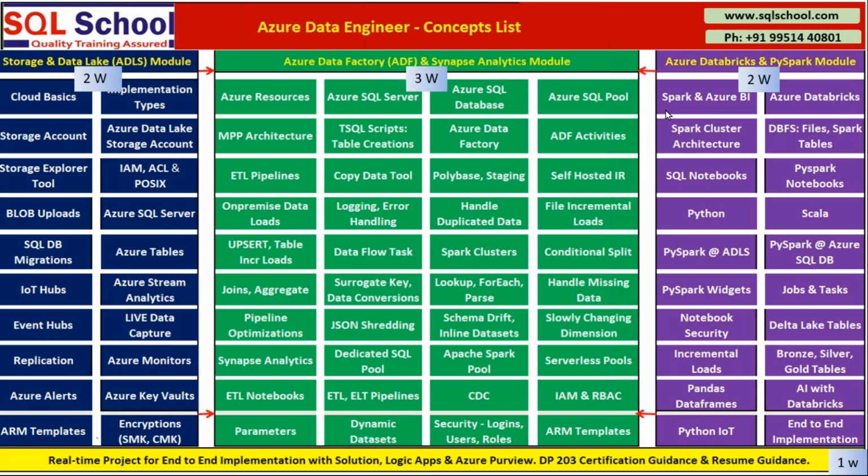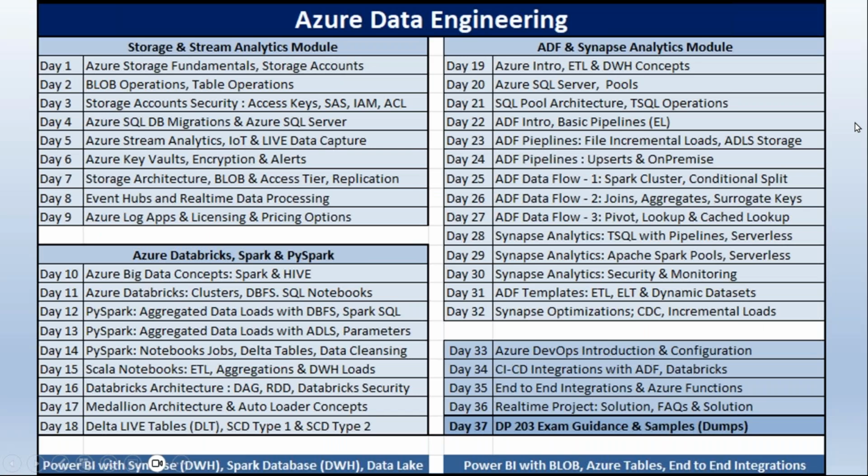So module-wise activities and day-wise planner on the screen. Day-wise planner. Here we'll have the complete activities right from scratch. I assume we are all very new to Azure. We'll go for questions after a few moments. Please wait. I assume we're all very new to Azure, new to Python, new to PySpark, Scala, and new to complete big data technologies. We'll take it from scratch slowly, step by step, to enjoy the complete orchestration activities.